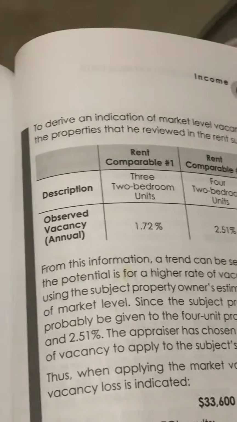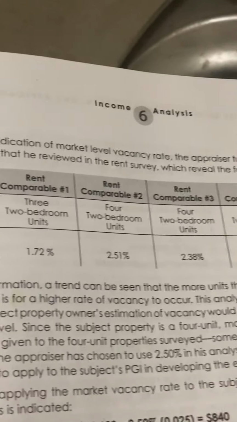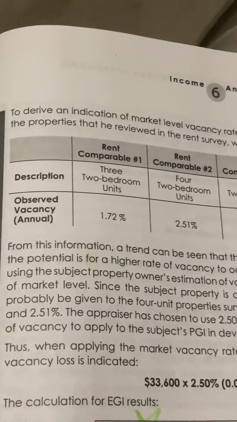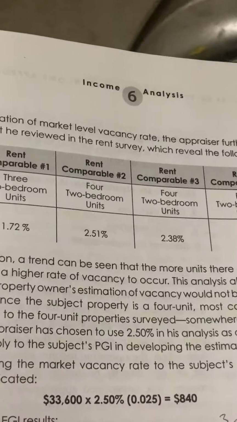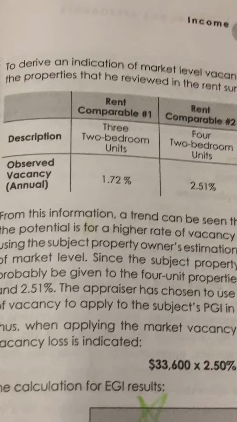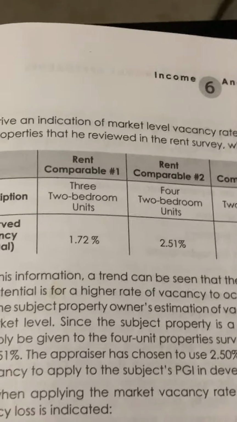To derive an indication of market level vacancy rate, the appraiser further analyzes the properties that he reviewed in the rent survey, which revealed the following. Here's another grid. It looks like another rent survey, honestly.